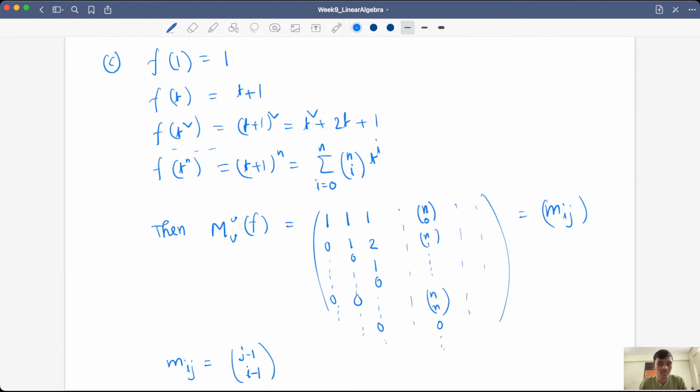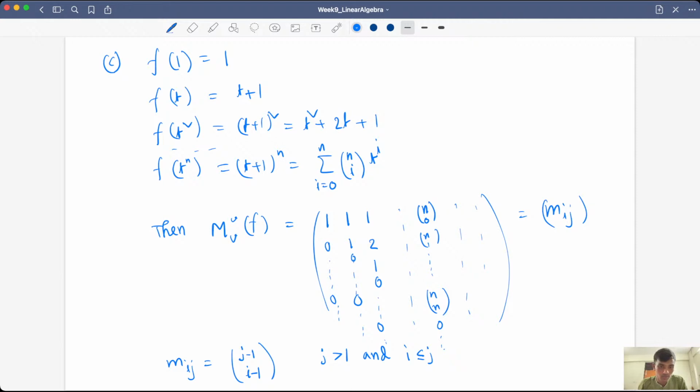I write that j greater than 1, and i is also less than or equal to j, because otherwise it does not make sense, this j minus 1 choose i minus 1.